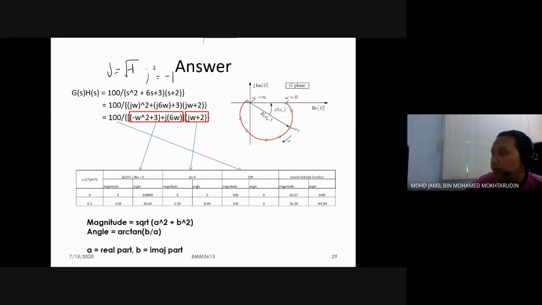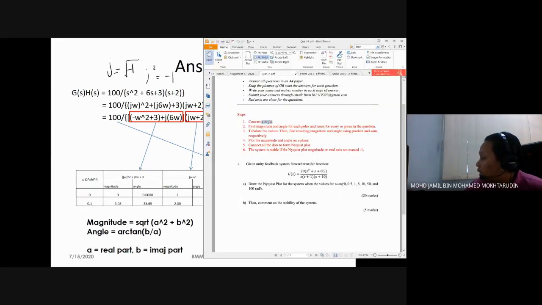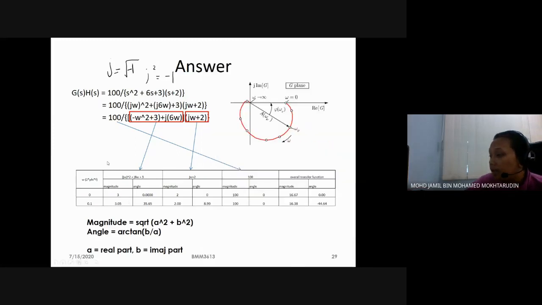Tapi kalau tengok dalam quiz, I give you 7 values of omega. So buat table, kiralah omega yang pertama kosong, then magnitude dia berapa, angle berapa, magnitude for the second pole, magnitude for the zero, and then magnitude and angle for the overall transfer function.